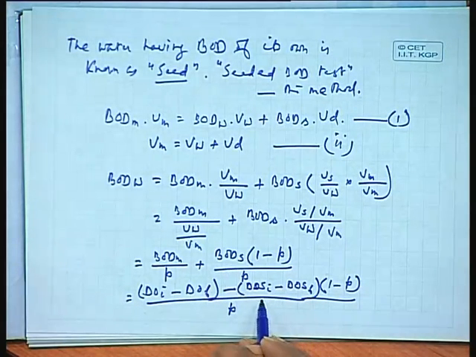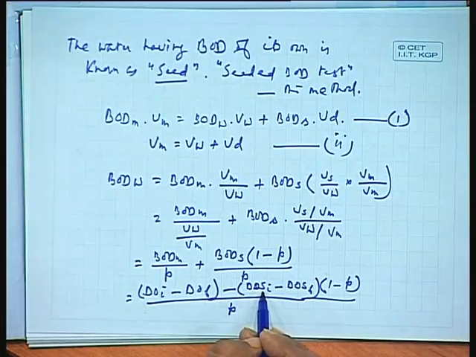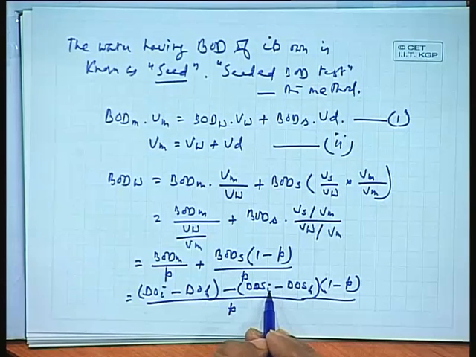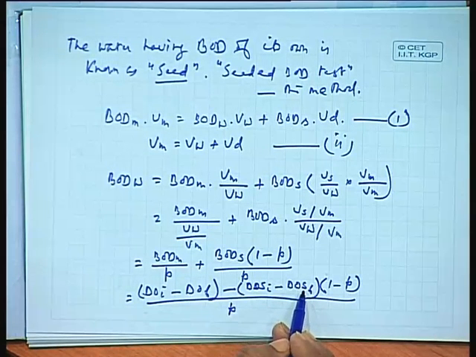Here DOSI is the dissolved oxygen of the seed initially, and DOSF is the final.